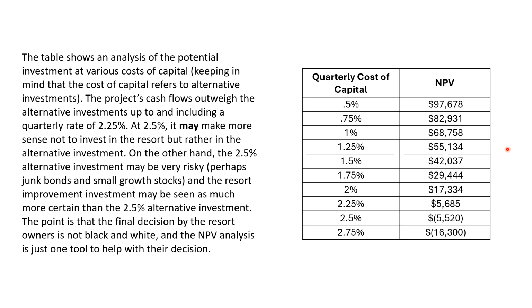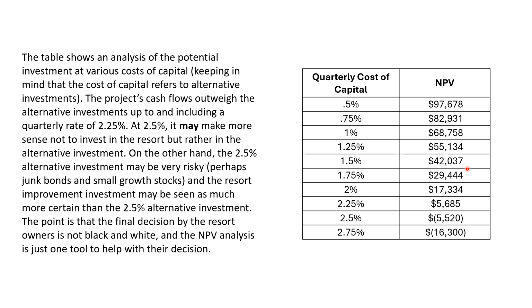And the key for the resort is to determine the equal risk. Let's just say hypothetically that 1.5% external investment is roughly the same risk that they see for their internal investment in the upgrade to the resort. So in that case, they would go ahead because they have a positive value here.